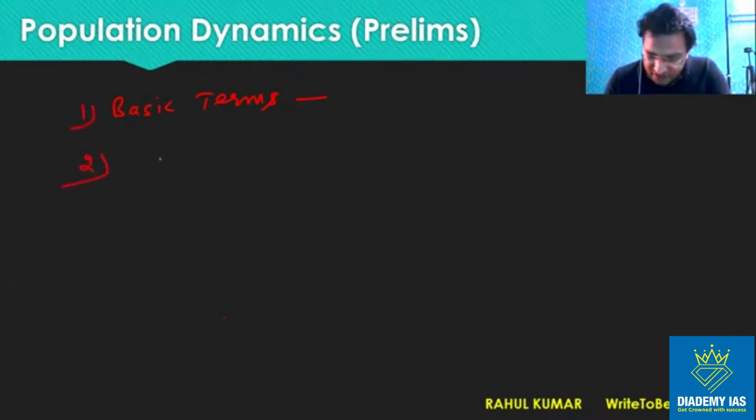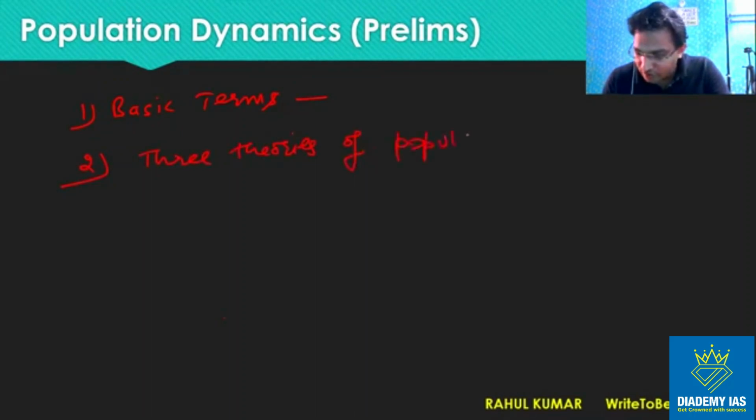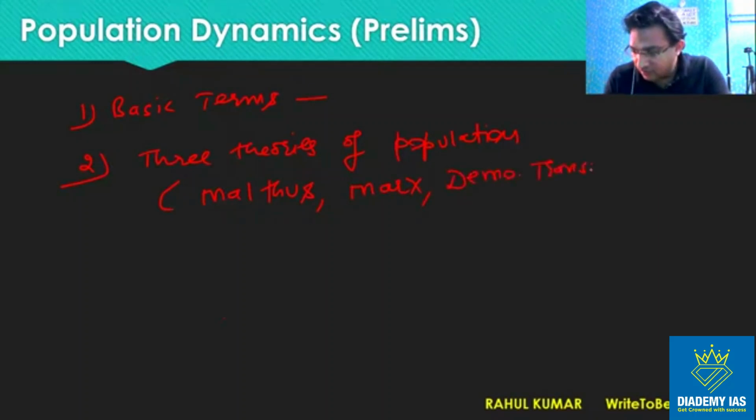After that, we will discuss three theories of population. So these theories include theories of Malthus, theory given by Marx, and the theory of demographic transition, right?